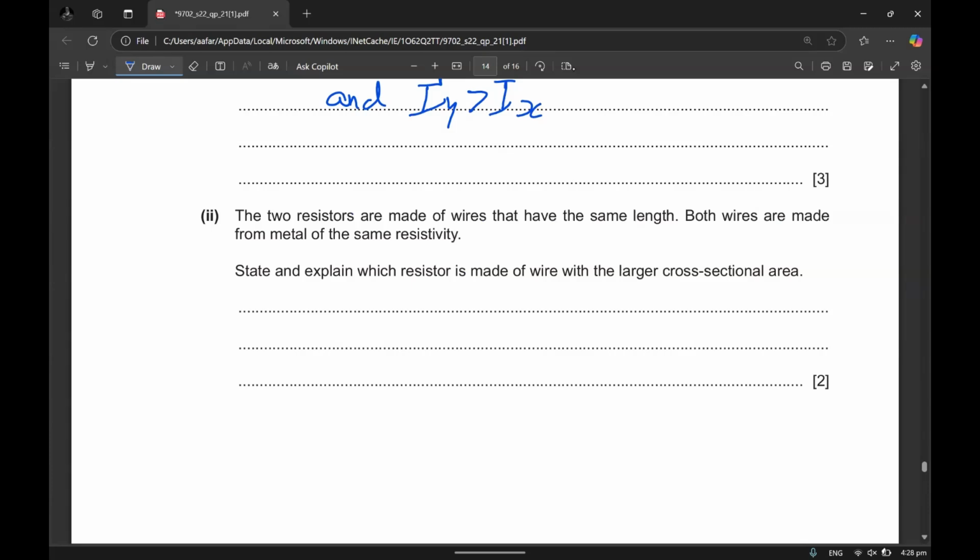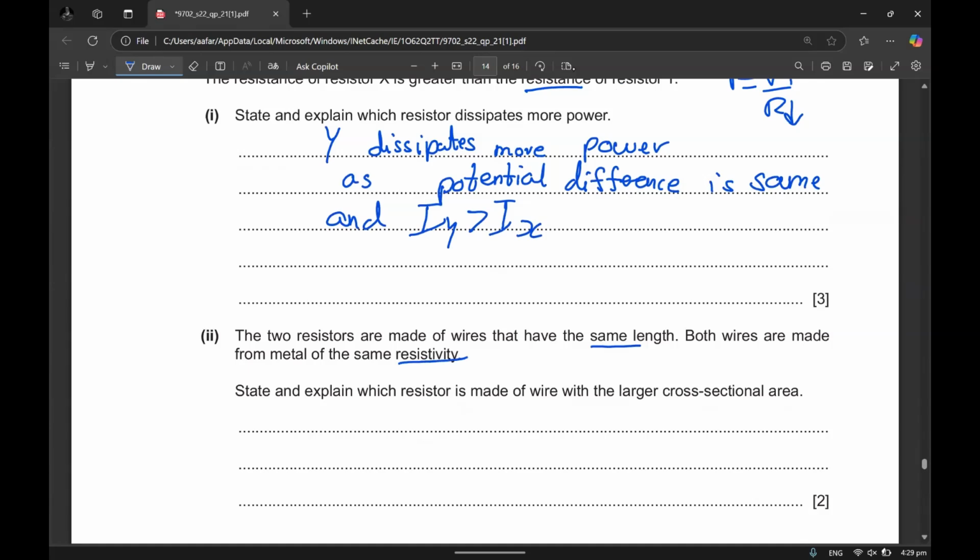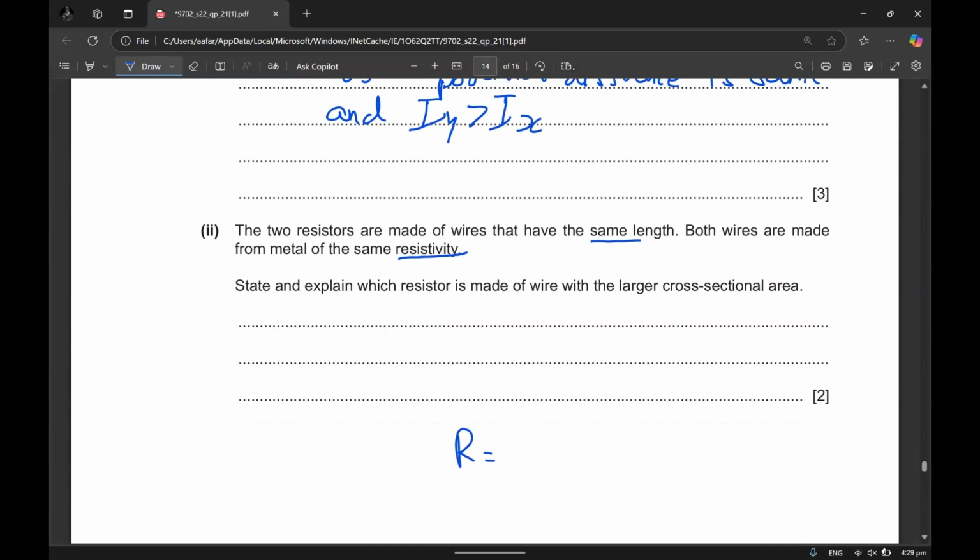The two resistors are made of wires that have the same length. Both wires are made from metal of the same resistivity. State and explain which resistor is made of wire with larger cross-sectional area. You know that resistance is equal to resistivity times length over cross-sectional area.